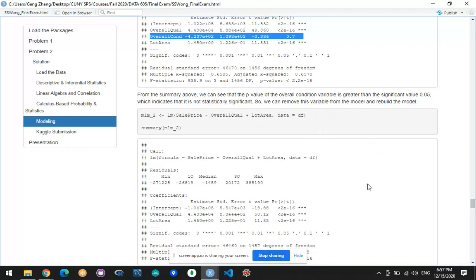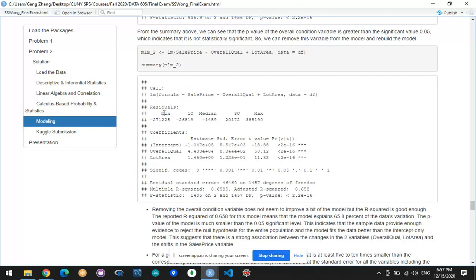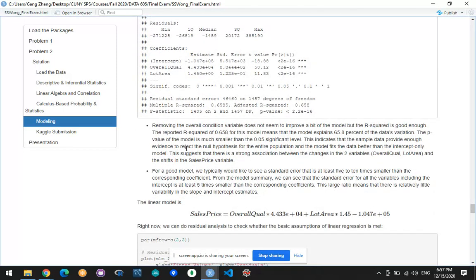So we can remove the variable from the model and review the model again, as it doesn't have much effect on the model when the p-value is greater than the significance level. After I reviewed the model without the overall condition variable, the R value seems to be improved a little bit. It's not that much, but overall the R value is good enough.